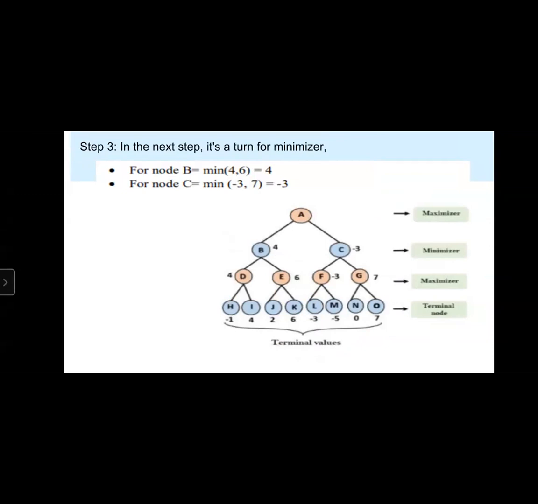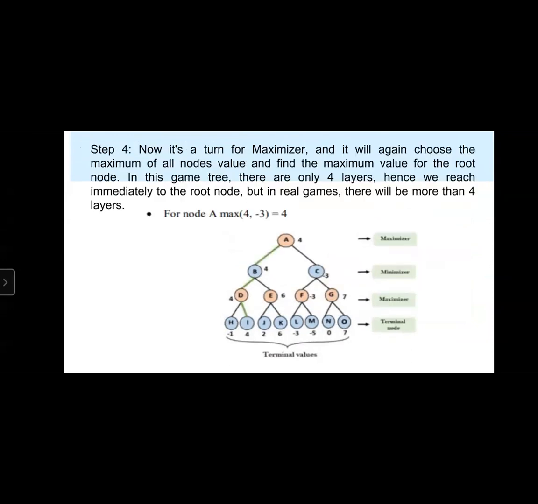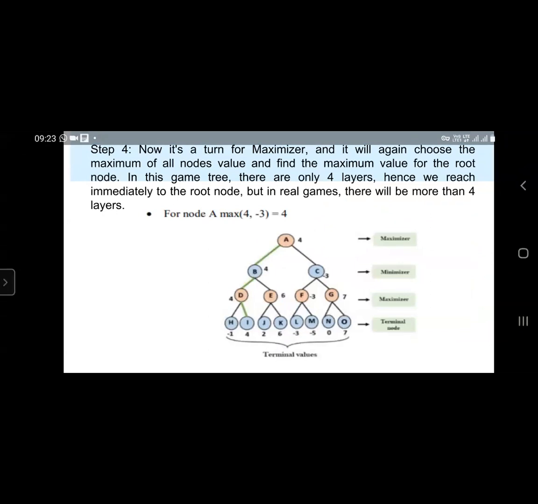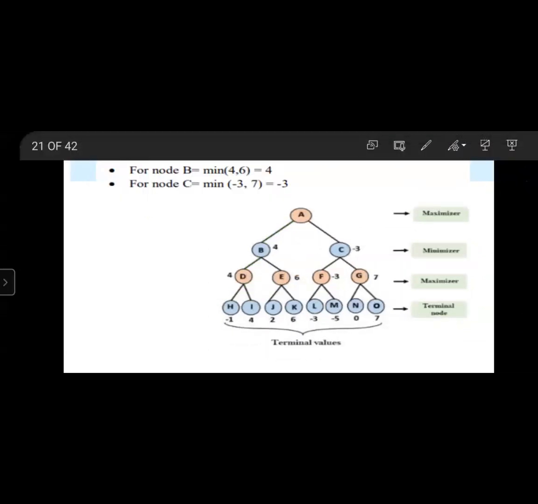See the diagram here for node B. Node B is the minimizer step, from A to B. Minimum of 4, 6 equals what value? Minimum value 4.